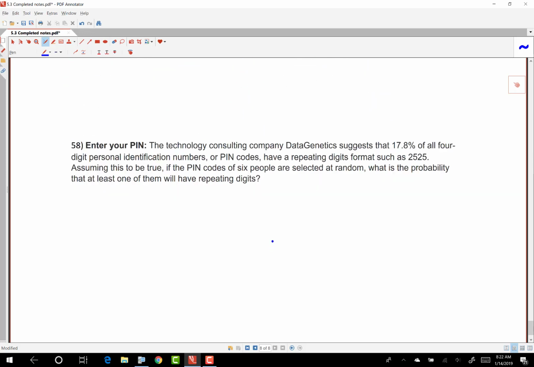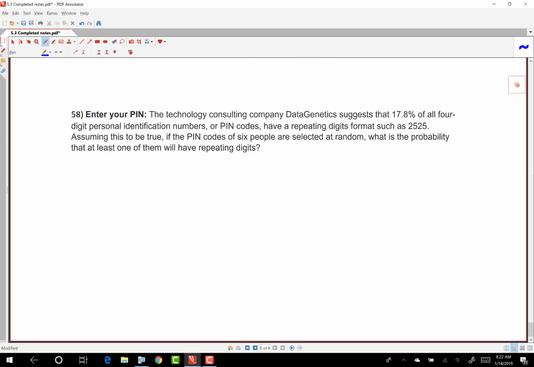Okay, let's look at one more example. For number 58, it says the technology consulting company Data Genetics suggests that 17.8% of all 4-digit personal identification numbers or PIN codes have a repeating digits format such as 2525. Assuming this to be true, if the PIN codes of 6 people are selected at random, what is the probability that at least one of them will have repeating digits?